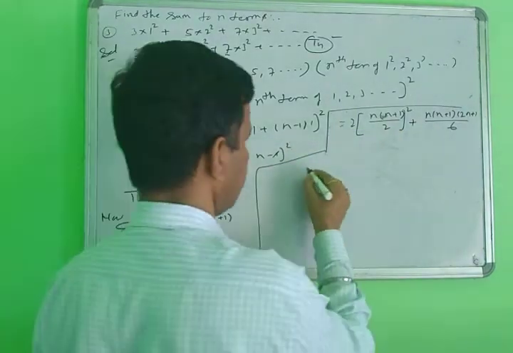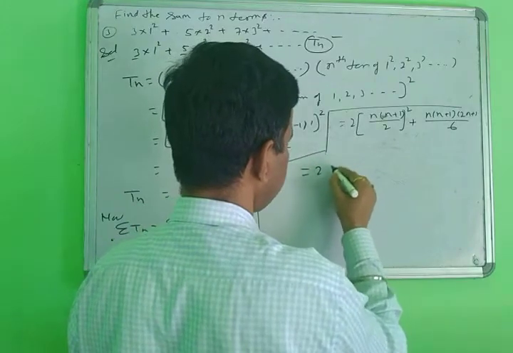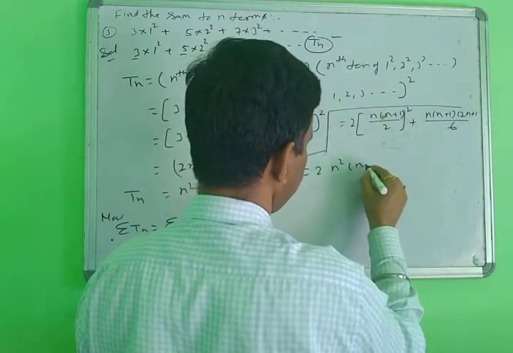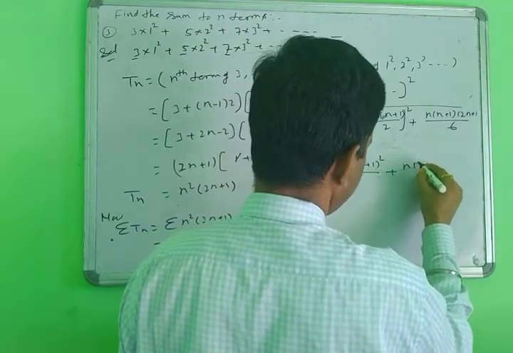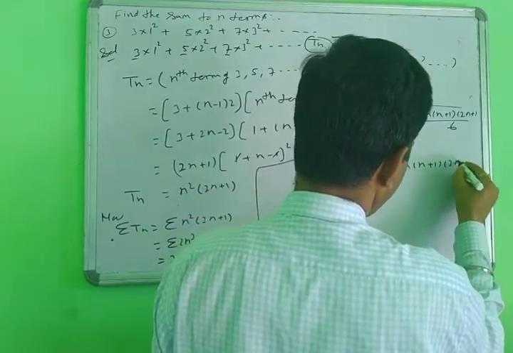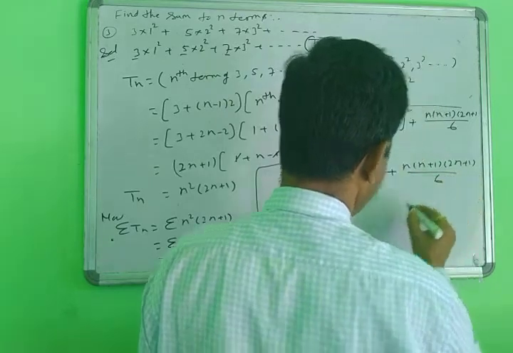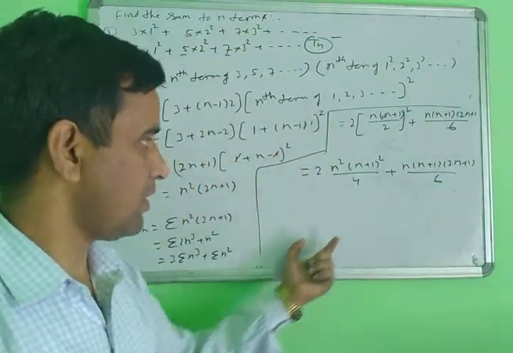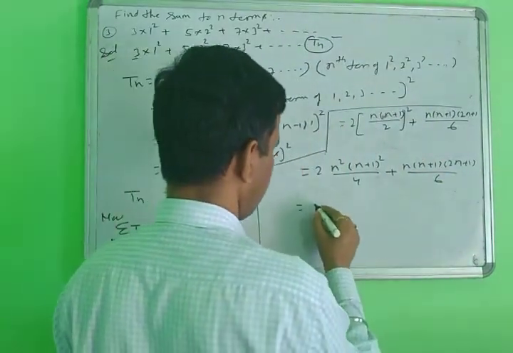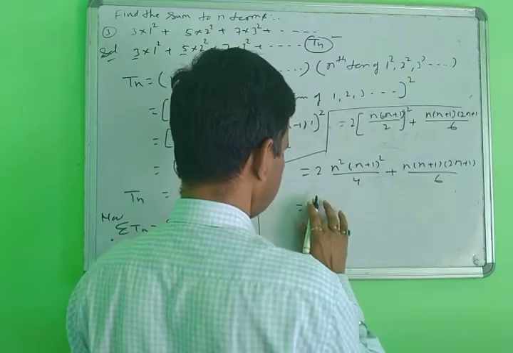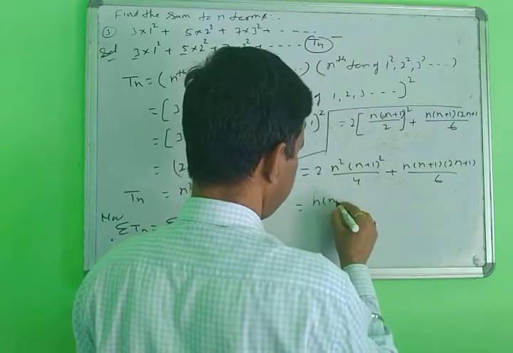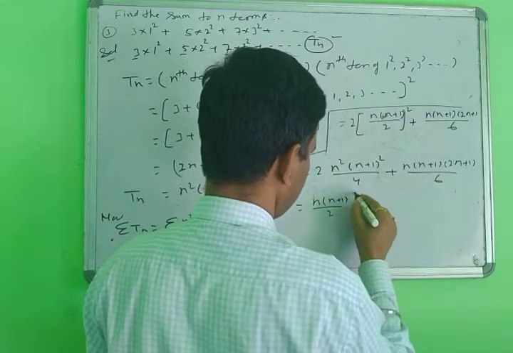Now taking 2 outside: n square times (n plus 1) whole square upon 4, plus n times (n plus 1) times (2n plus 1) upon 6. What is common here? Take common n times (n plus 1) upon 2.